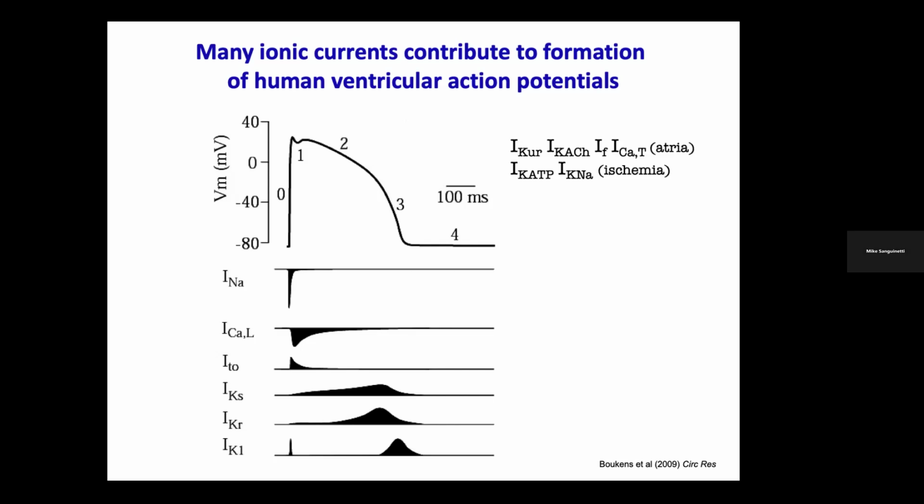There are a lot more ion channel currents, including these three different ones: ultra rapid delayed rectifier, which I'm not going to talk about today, it's KV1.5 channels, acetylcholine activated K channels, funny current, and P-type calcium currents, which are found in atria but not ventricle. And then under ischemic conditions, you can have an intracellular sodium activated K channel or an ATP depleted K channel activated. So there's lots of different channel types.